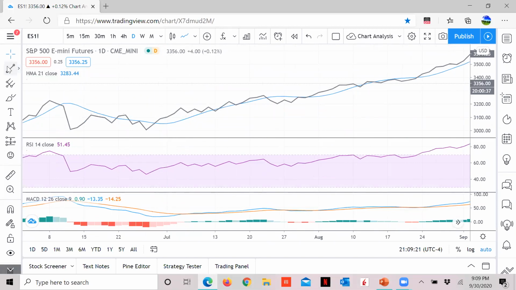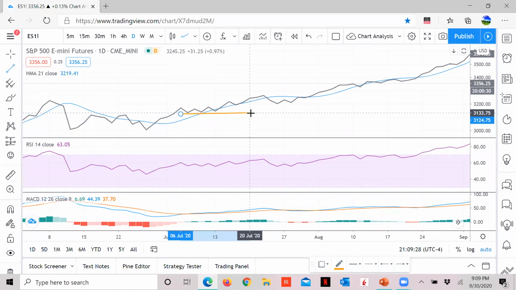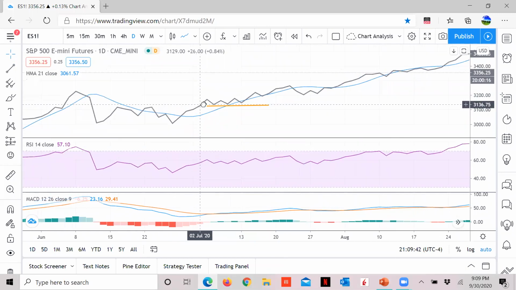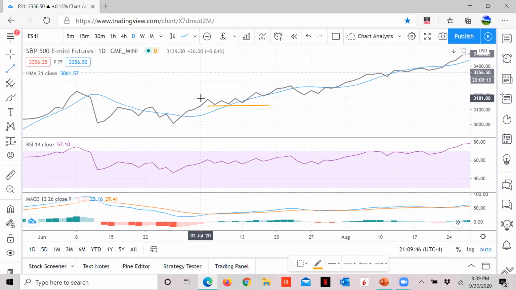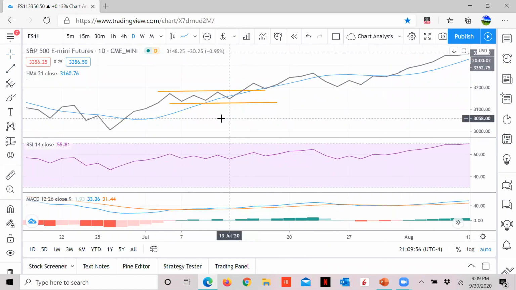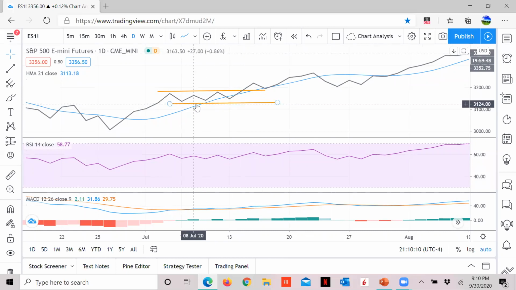If I draw a line here, and draw another line, and zoom in here: for this period, from July 6th to, let's say, July 14th, this point is acting like a support.